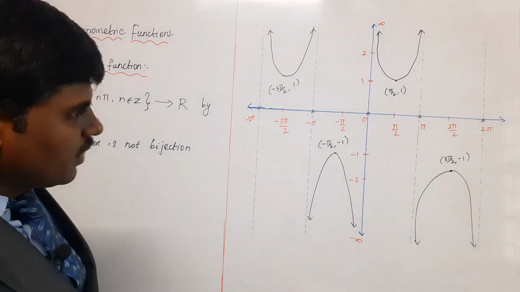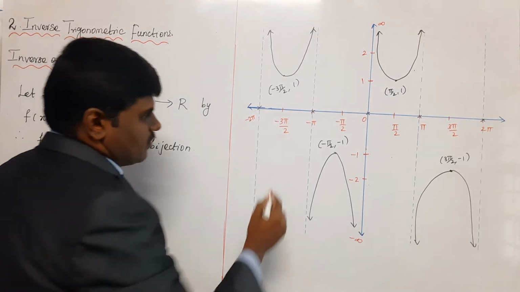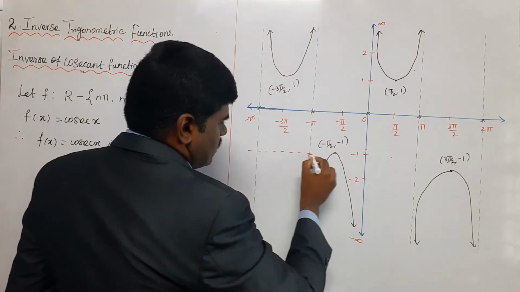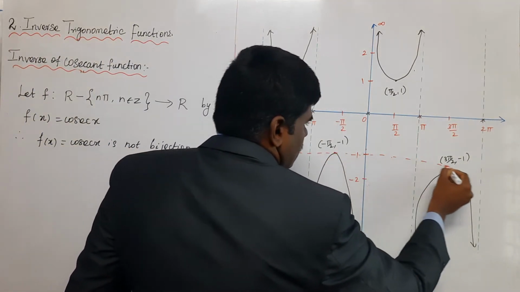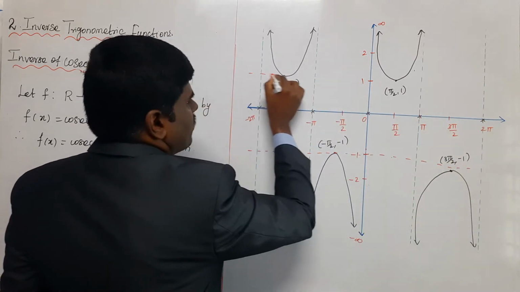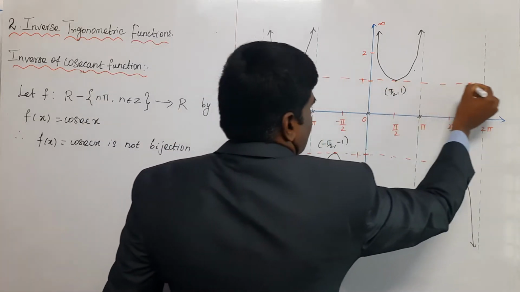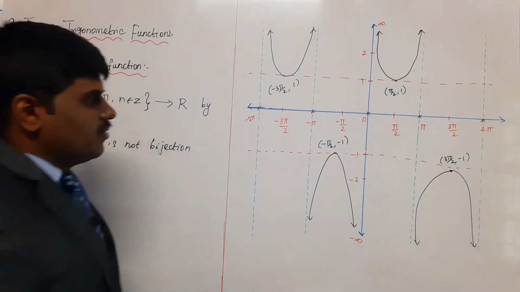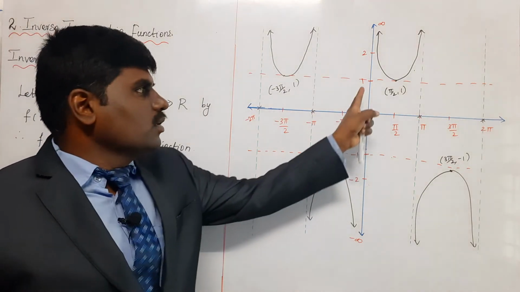Just now you see all the values of the cosecant function. Think about what values occur: the curve takes values only at or below minus 1 and at or above plus 1.